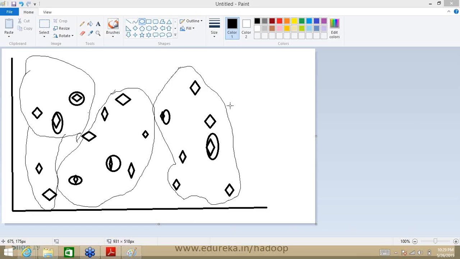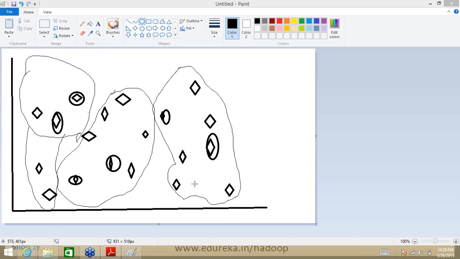So it is going to again find the center, right? It's going to find the center, and again the data points will try to align themselves, and this forms a new pattern, a new shape or geometry, every time this happens.